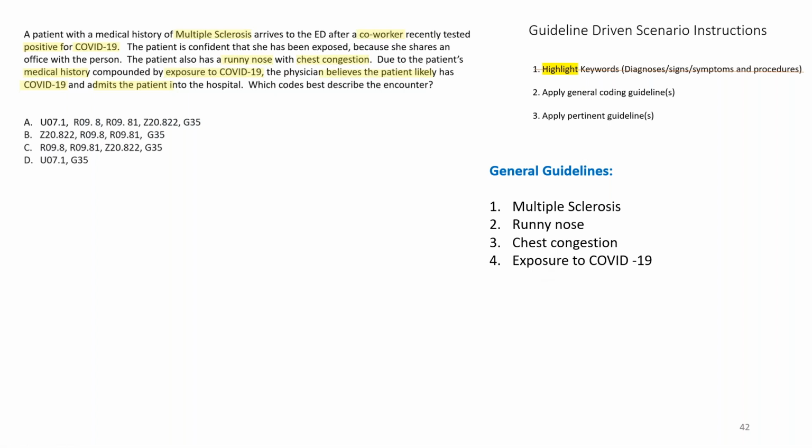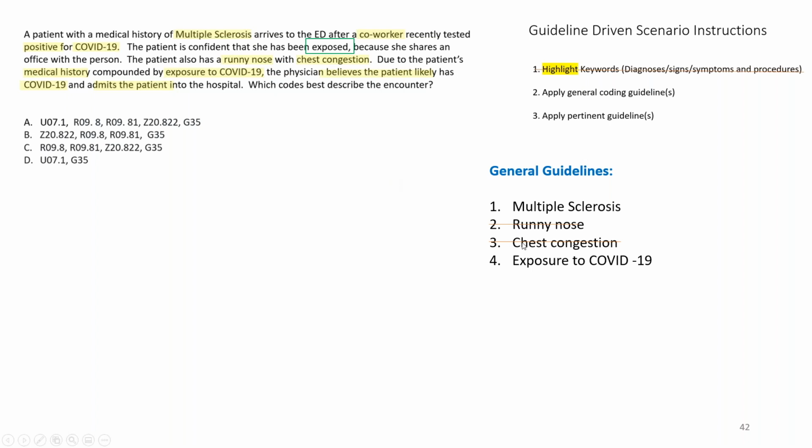Now, the next thing I'm going to do, I'm going to get rid of any sign and symptom that is related to any of the diagnoses on my chart. So, runny nose, chest congestion. Hmm, are these two related? I don't know. I don't think so, but we're going to leave them blocked out just for the moment.